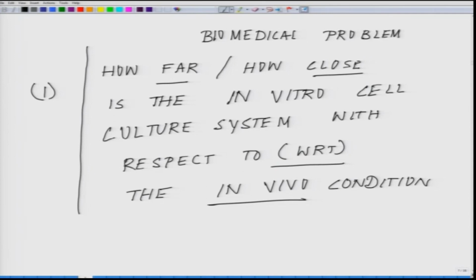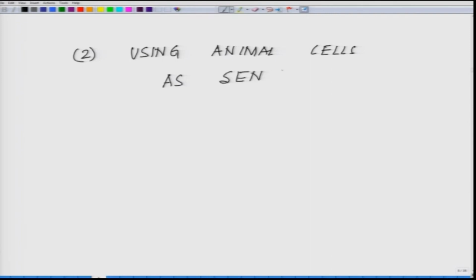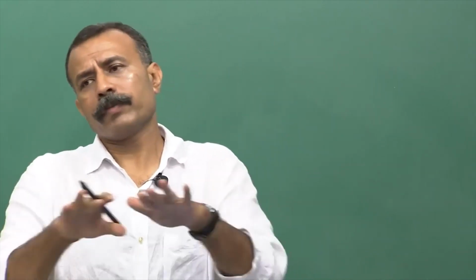The next is two, using animal cells as sensors. What do I mean by sensors? Say for example, most of our cells are very sensitive to different kinds of toxins. So, I have this culture dish, I put the toxin, I know how it reacts.